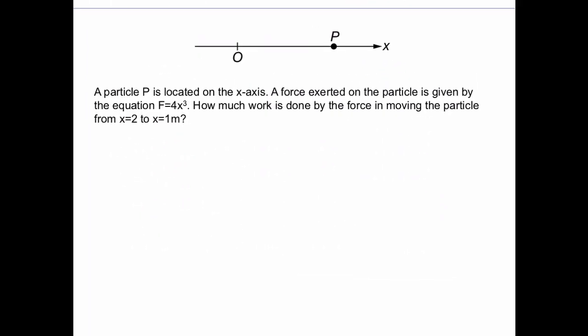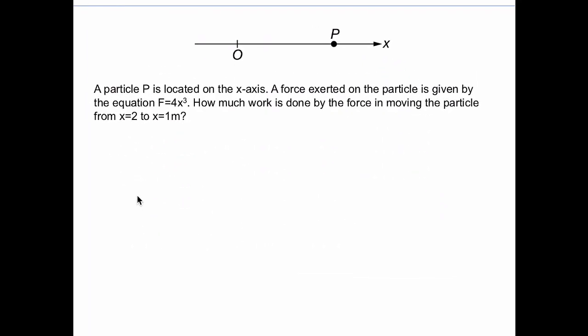The first question is about a force acting on an object, and we need to calculate the work done by this force as the particle is moving from position 2 to position 1 meter. For a variable force, and we know that this is a variable force because it depends on the position x, the work is equal to the integral from initial position to final position of F times dx.